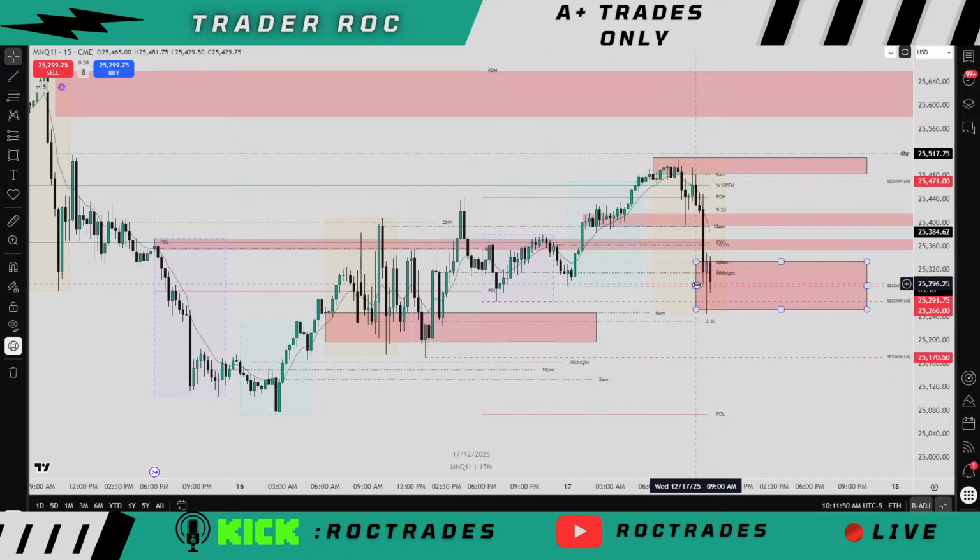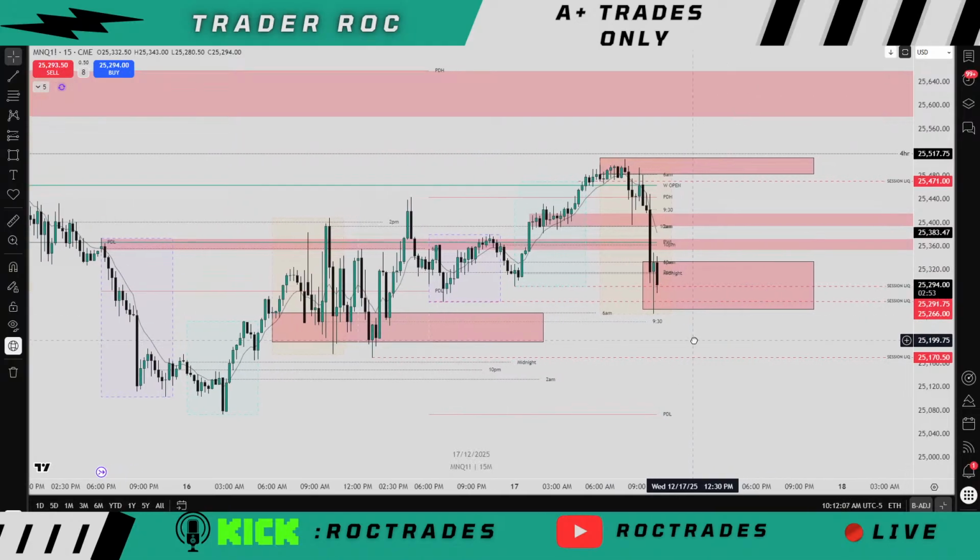And let's see if price can maintain this bullish structure off of these levels. It looks like a clean power of 3. 9:30 opens lower. 10 a.m. opens lower. So that's a good sign that price wants lower right now. And then if we can sit back and relax, we should see price start to absorb these sellers eventually and potentially give us a flip higher.